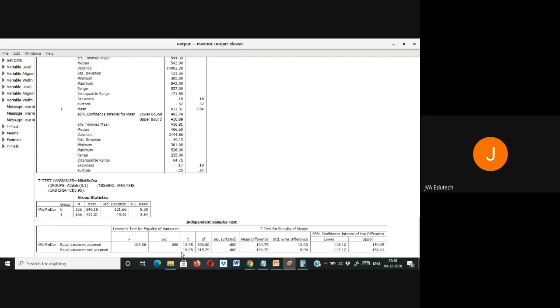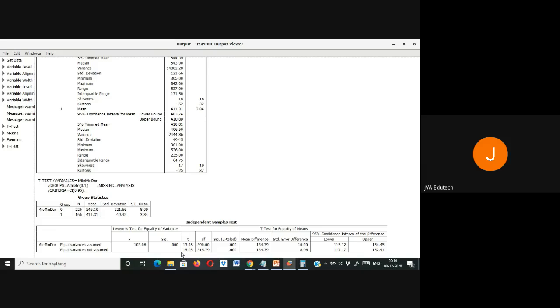Which one will you take in this case? So not assumed. How? Because in equal variances assumed, it becomes significant, so the null hypothesis will be rejected.